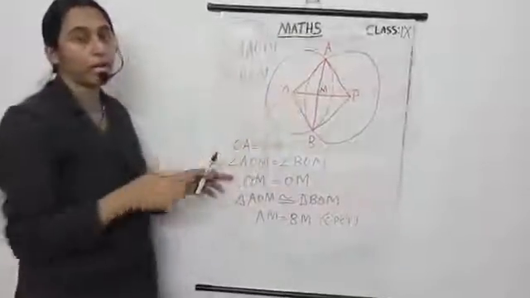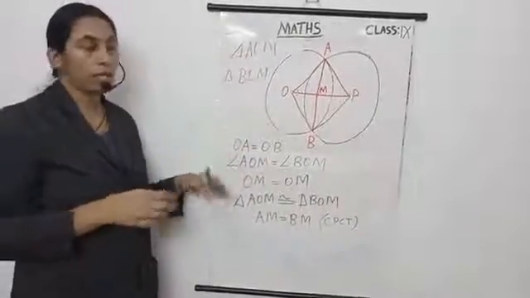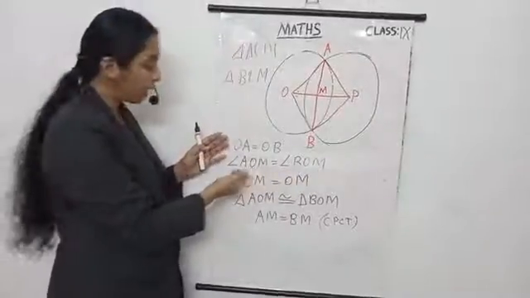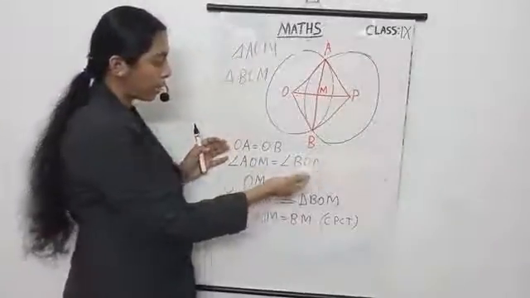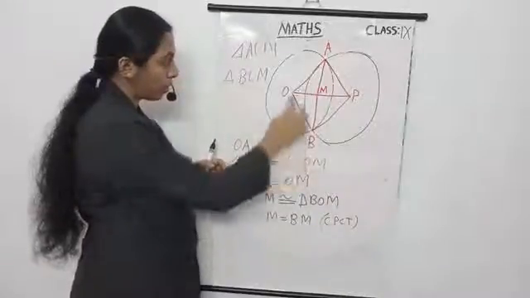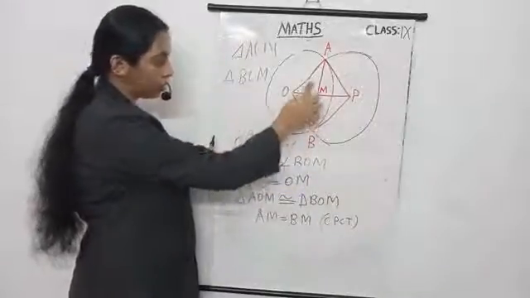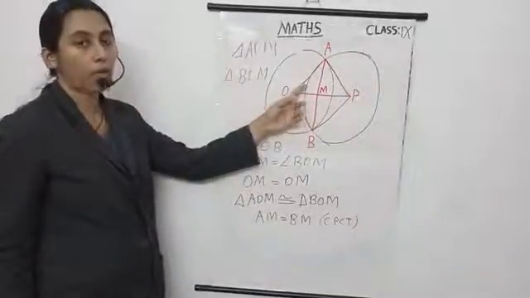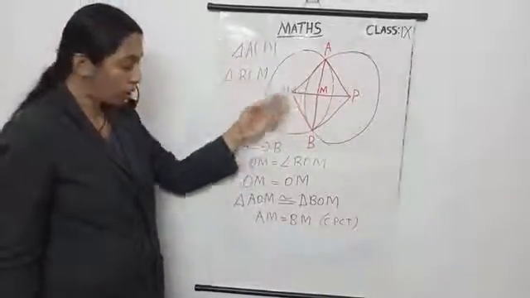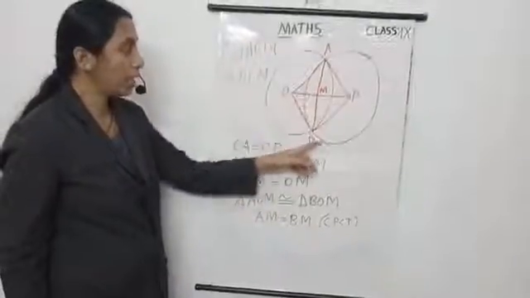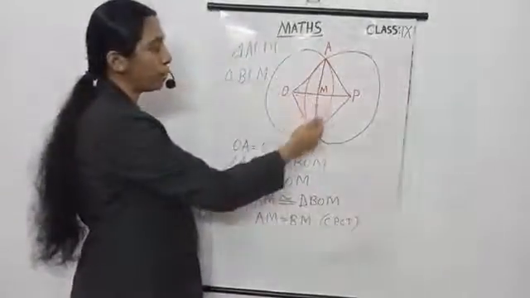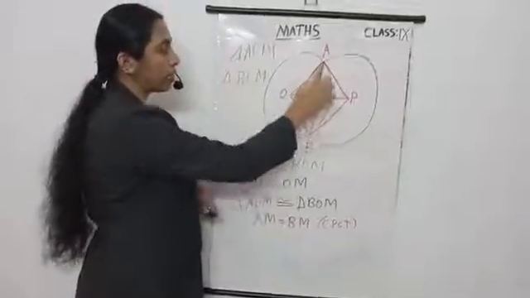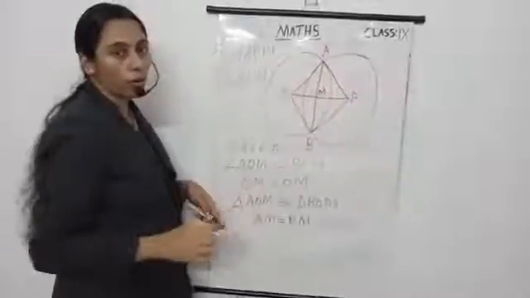In the first part we already found this, angle AOM equals angle BOM. Then OM equals OM, common for these two triangles. So these two triangles are congruent according to SAS rule. So AM equals BM, corresponding parts of congruent triangles are equal. So these two are also equal.